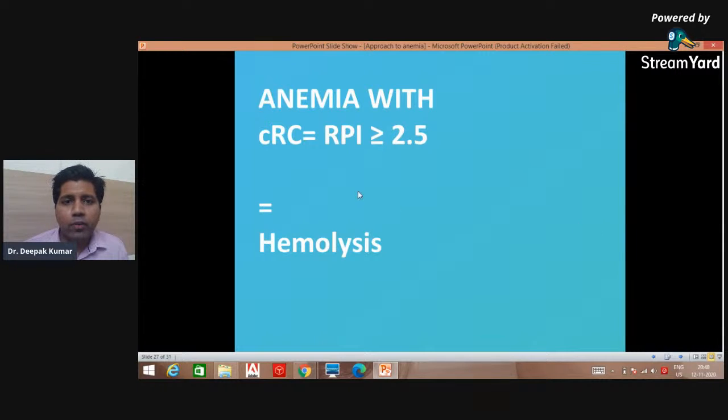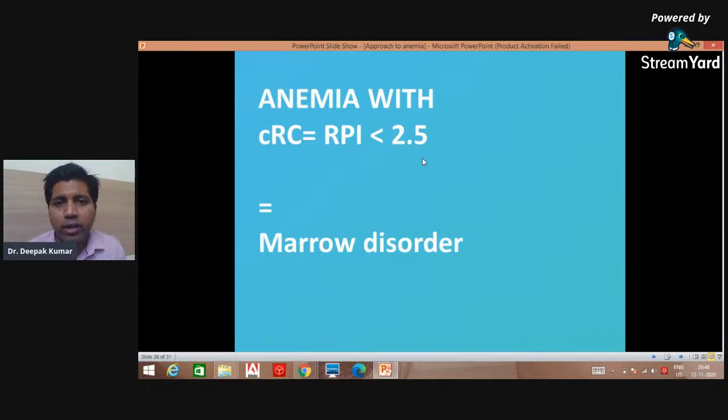The same way, anemia with corrected reticulocyte count or reticulocyte production index which is more than or equal to 2.5, just remember this is less than 2.5 and this is more than or equal to 2.5, then mostly the anemia is due to hemolysis. So what does it mean? There is anemia and the bone marrow is responsive.